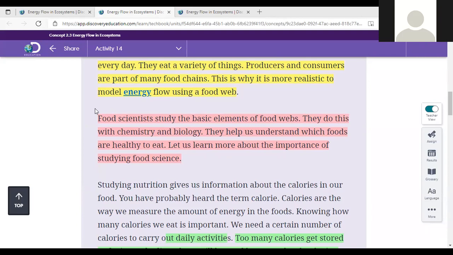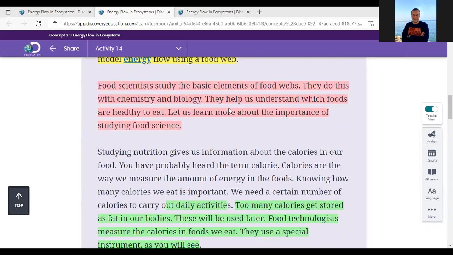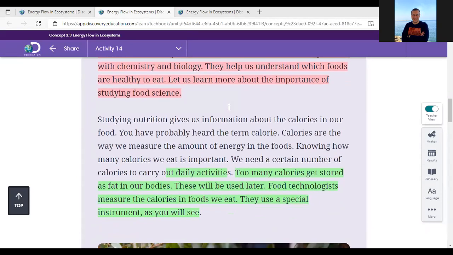Let us learn more about the importance of studying food science. Thank you. Okay, the scientists are studying the food and the basic elements of food webs using chemistry and biology.